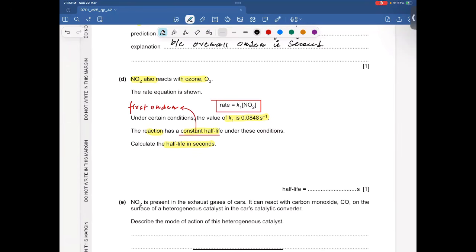Since it is a first order reaction, the half-life equals 0.693 upon K. 0.693 will remain as it is, and the value of K is given, which is 0.0848. So the half-life is going to be 8.1 seconds. And that's my answer.